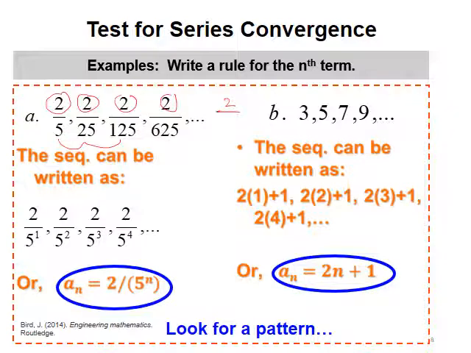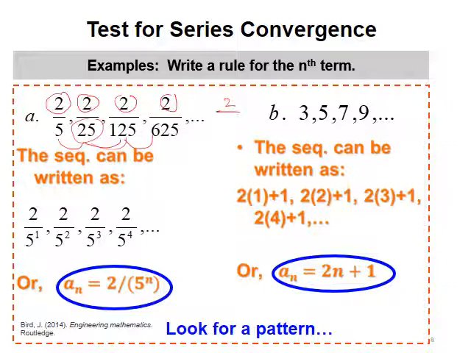Here, 25, we just square the 5. Here, we just triple the 5, I mean, raise 5 to power 3. Here, it's like 5 to power 4.